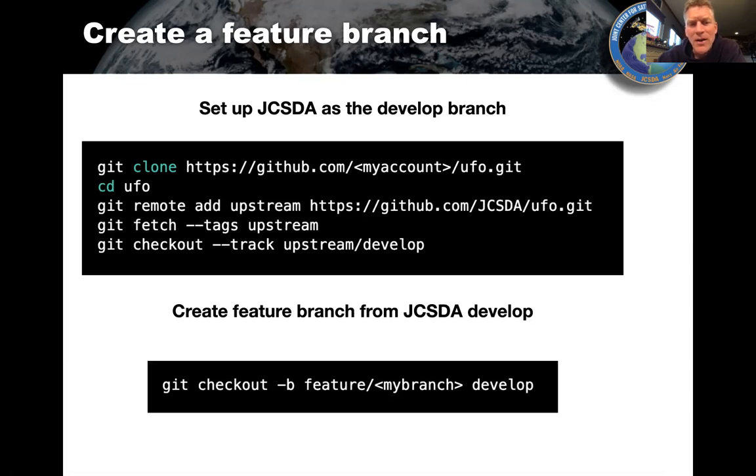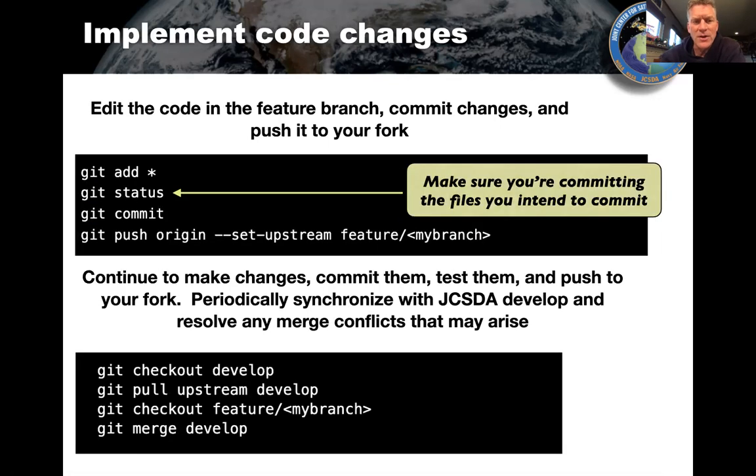So to do that, you would do this -- track upstream develop means that your local develop branch on your computer will now track the JCSDA develop branch. And then you can create a feature branch from JCSDA develop. So this command down here, the git checkout -b means to create this branch from the develop branch at JCSDA.